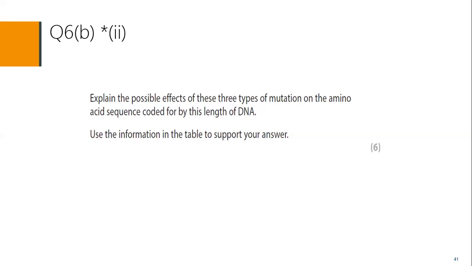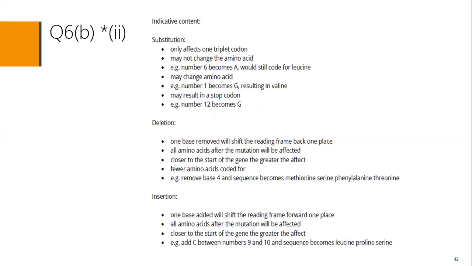They've got to apply their knowledge to an unfamiliar situation. So if we have a look at the indicative content, the 3 types of mutation that they're given information on are substitution, deletion, and insertion.